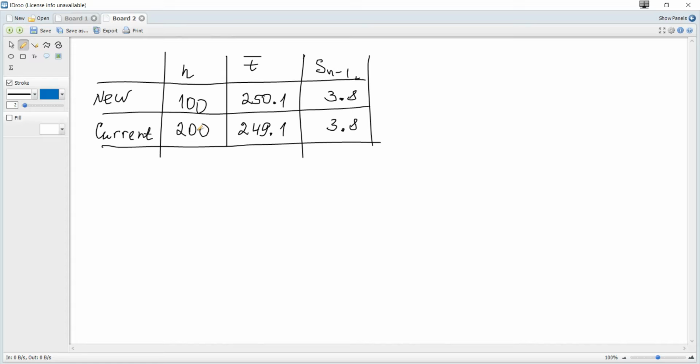The mean time taken for cracks to appear, t hat, and the value of s_{n-1} for each technique are given in the following table. H: perform an appropriate test at the 5% significance level to determine whether the new technique increases the mean time taken for cracks to appear, 7 marks.